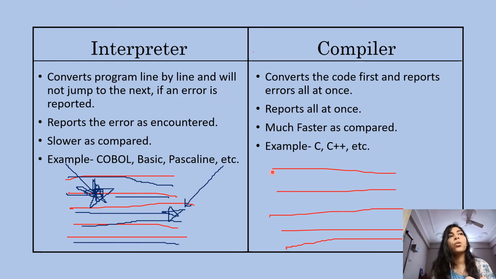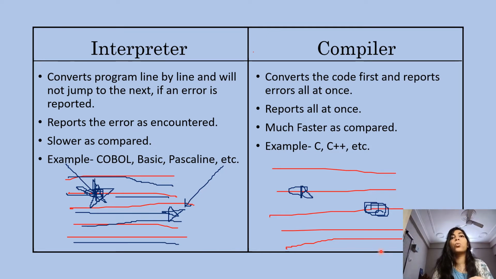It shall convert all the code at once and report all the errors to you at once. Suppose we have an error here and here, right? So what it is going to do is पूरा program compile कर लेगा. It shall not stop here or here to tell you that there is an error, please debug it, and then I will move further.